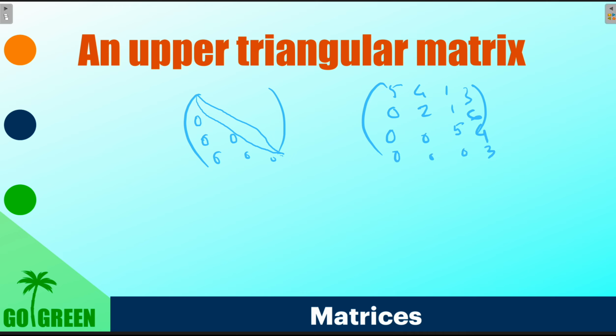If I mark the diagonal, this is the diagonal. And upper triangular means below the diagonal must be all 0.